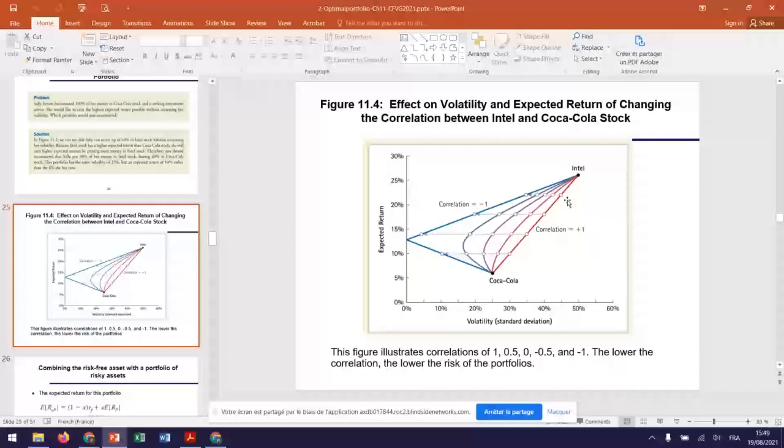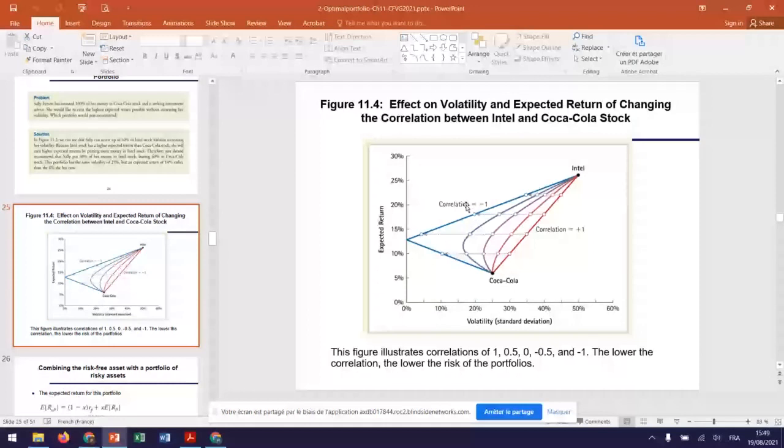But if the correlation is lower than 1, you start to have better efficient portfolios with a better allocation of your investment. You get the maximum diversification benefit if the two stocks are perfectly negatively correlated, at -1.